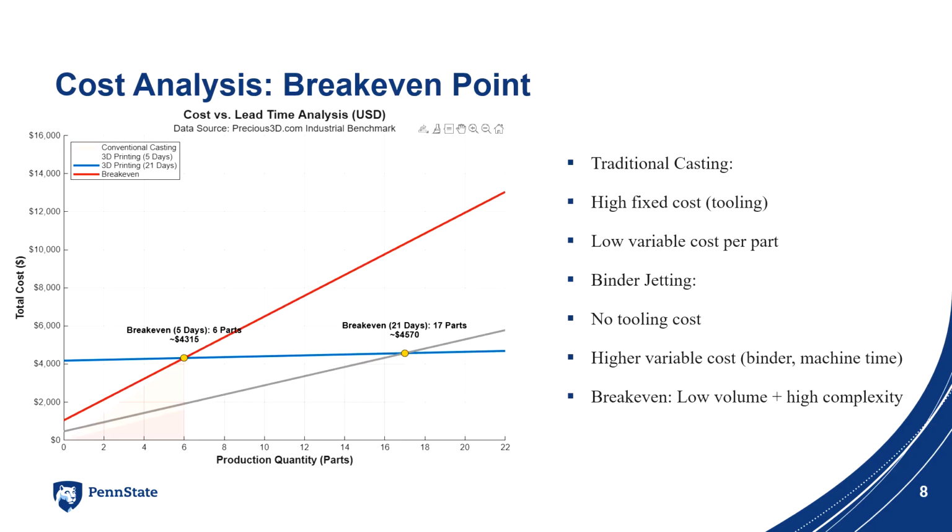Now, let's talk money. From a cost standpoint, the comparison is pretty straightforward. Traditional casting has a big upfront cost, that's tooling. But once we've paid for it, each additional part is extremely cheap. That's why it works so well for our high volume products. Binder jetting removes the tooling cost completely, which is great, but the mold itself costs more.